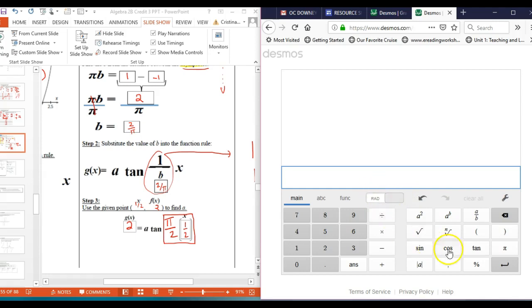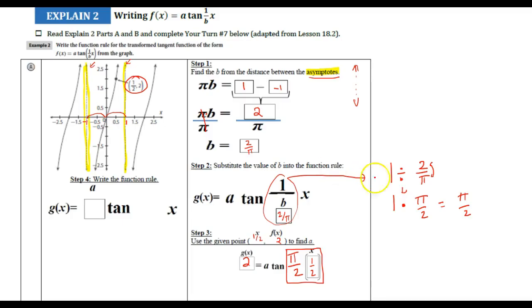So I just wanted to figure out what tangent of pi over 2 times, because we are multiplying by another fraction, 1/2. And that would be 1. Okay, so let's go ahead and plug that into our paper. So we found the tangent of this was actually 1.